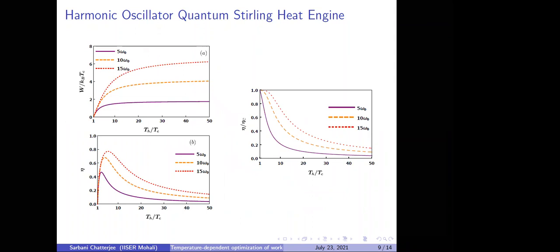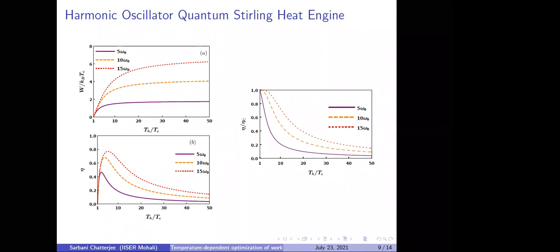Let us now look at the results. The first plot here shows how work changes with TH by TC. Here we have scaled work with KBTC, since it makes it easier for us to work in dimensionless units. The second plot shows efficiency against TH by TC.